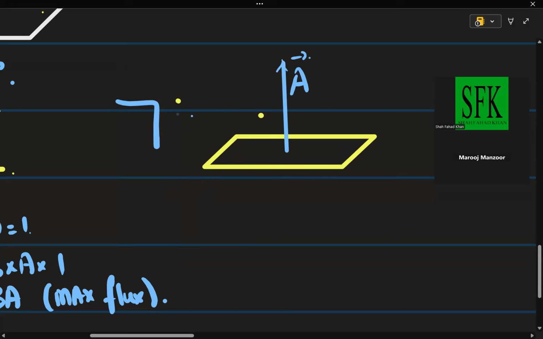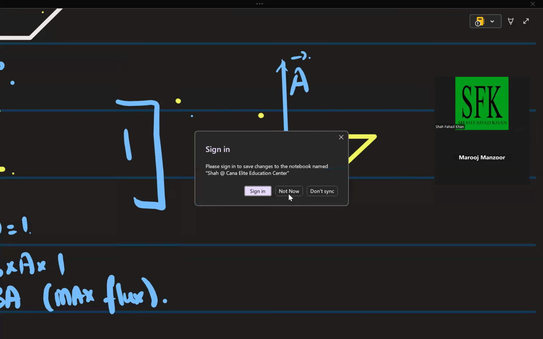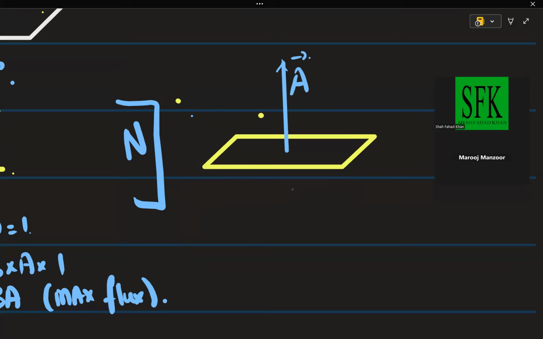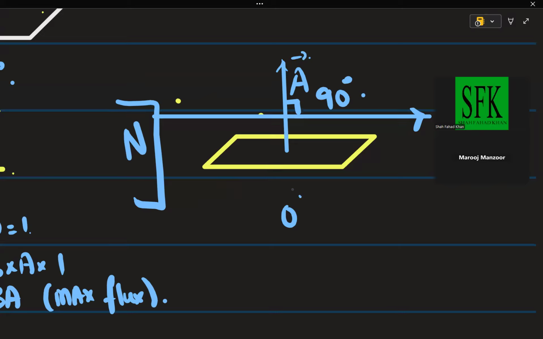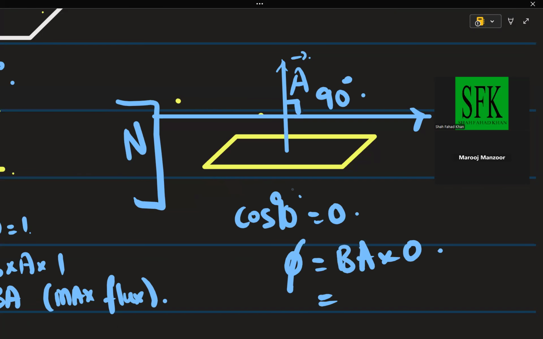And so this is the magnet, or not B, it's N. And so from here, as the field lines are generated, you can see now the angle between them is 90. When the angle between them is 90, cos of 90 is 0. And so in this situation, flux is automatically going to become BA multiplied by 0. So flux is going to be 0. So flux is 0 when the angle is 90, and flux is max when the angle is 0. Understood?